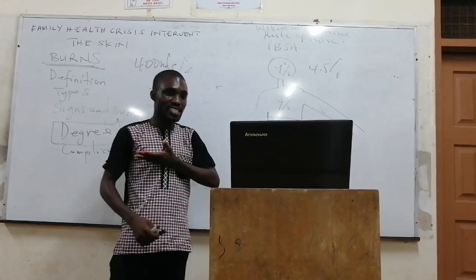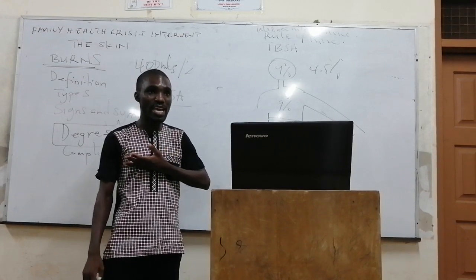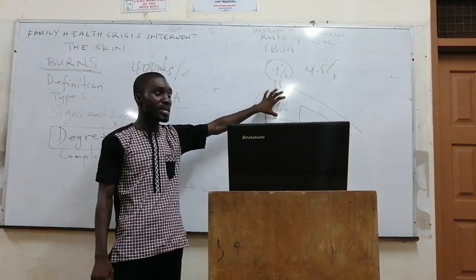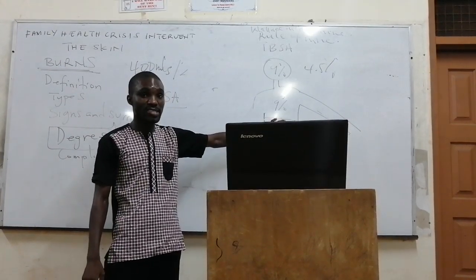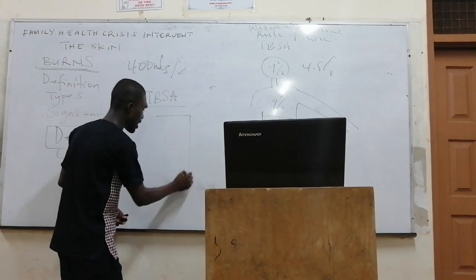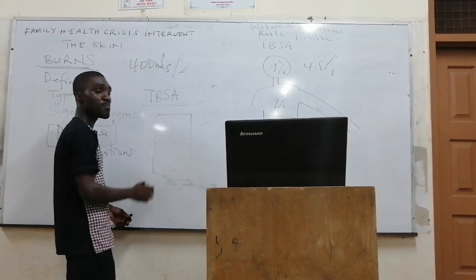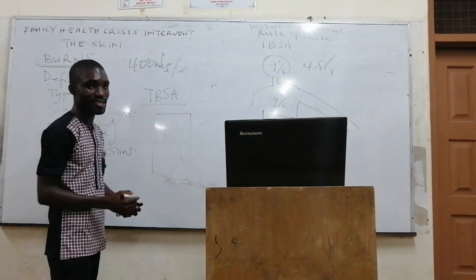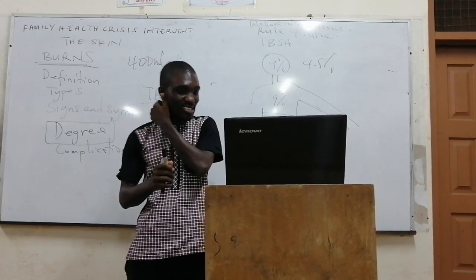So if only the chest area is burnt, then we give a percentage of 9. And if the abdomen is burnt, we give a percentage of 9. So when we talk about the anterior trunk, the abdomen and the chest together, all will be 18%. Right, so the anterior trunk is 18%.